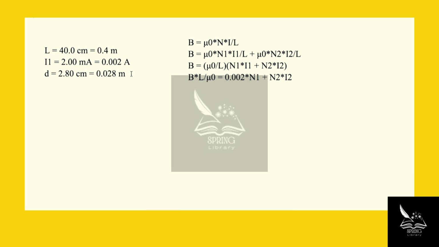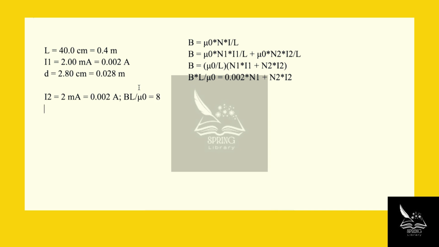So the first point I'm going to use is where I2 is equal to 2 milliamps, so that's 0.002 amps. And when we have that, this factor BL over mu naught is equal to 8, if we look at the value on the y-axis.